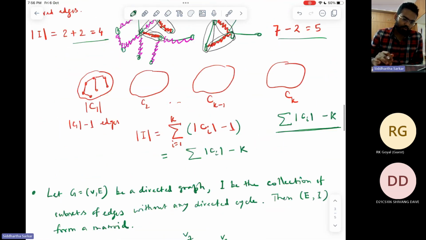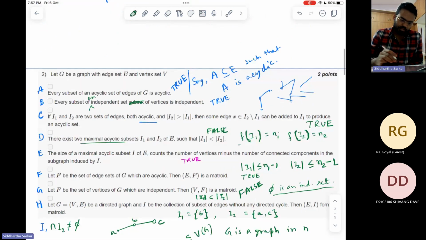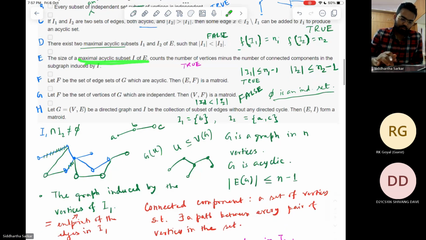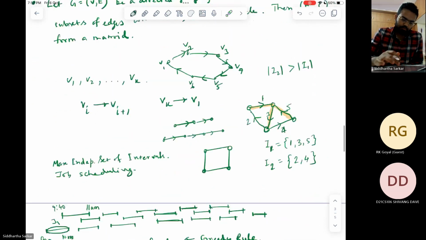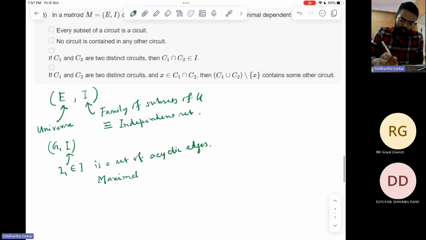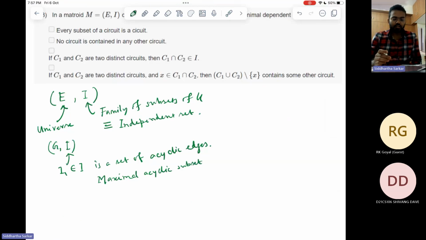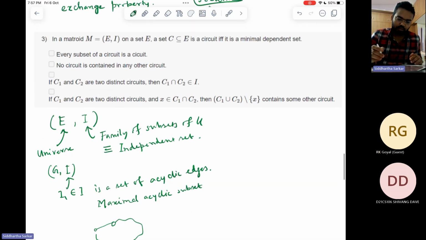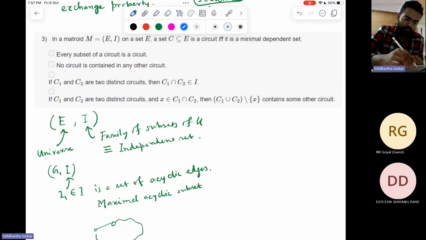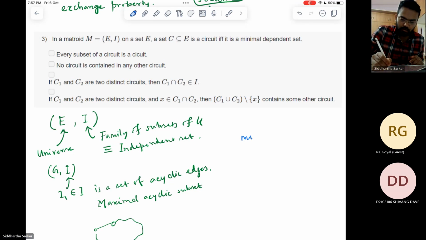We said maximal acyclic subset, and we said that maximal acyclic subset means if you add any edge to this existing subset, it will lead to a cycle. Okay. Now the term that we are looking at is minimal dependent set.